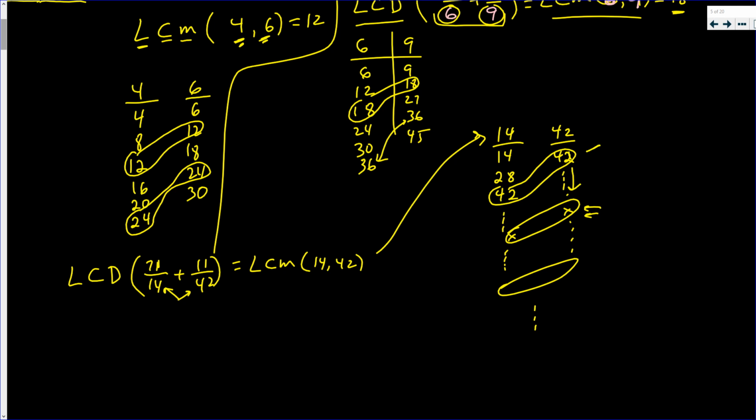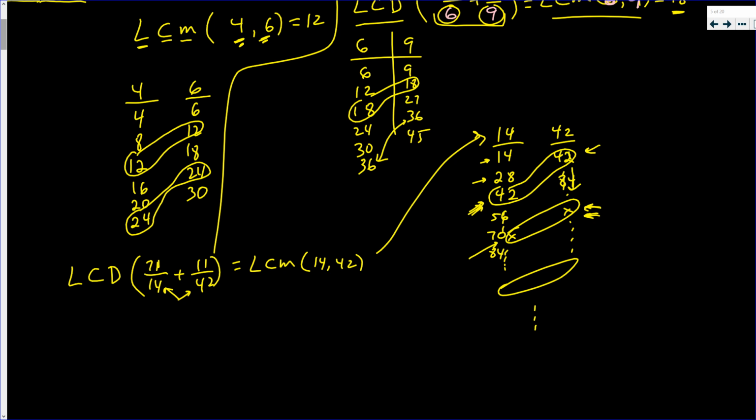If this is 42 times 1, 42 times a number bigger than 1 will be more than 42. This number is on the 14 table. It's 14 times 3. That's going to be 14 times more than 3. You see, 14, it got bigger, 28, it got bigger, 42, it got larger, and it keeps getting larger.